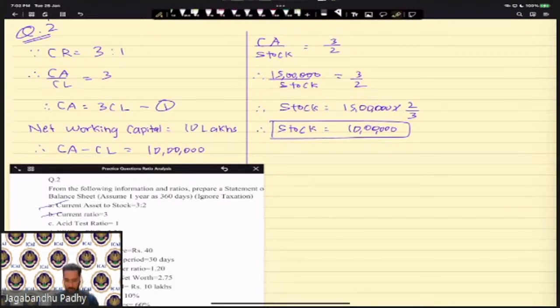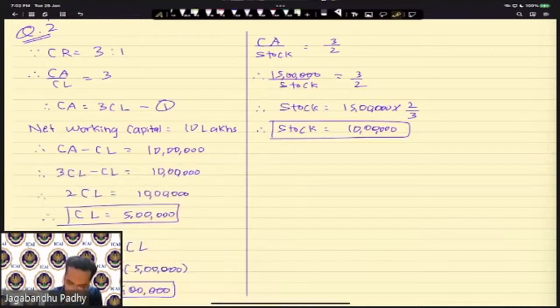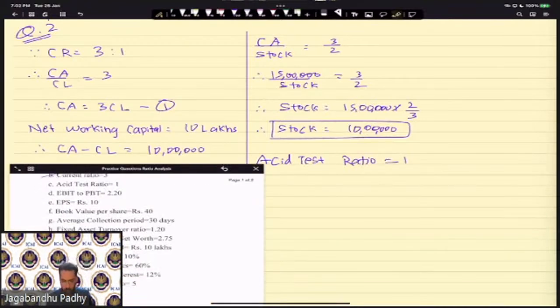Now the next one is acid test ratio of 1. In the question, you don't have any information about short-term investments or liquid assets, nothing given.